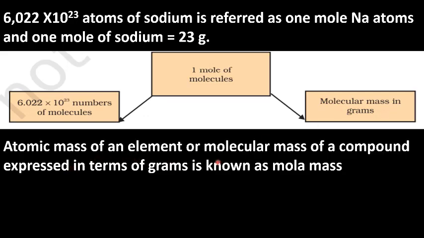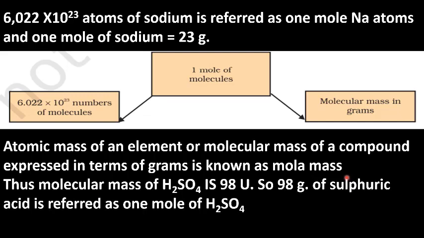Atomic mass of an element or molecular mass of a compound expressed in terms of grams is known as molar mass. Thus, molecular mass of sulfuric acid, that is H2SO4, is 98 units. So, 98 grams of sulfuric acid is referred to as 1 mole of sulfuric acid.